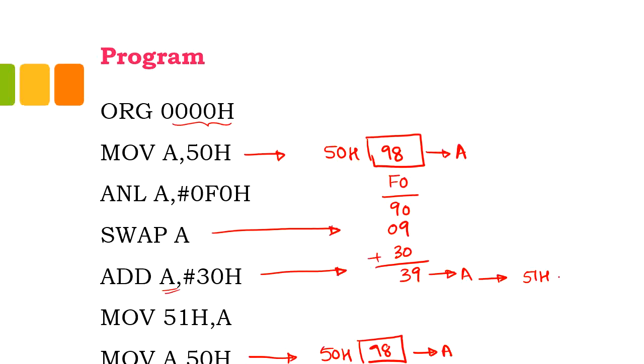Because this is already in the form of a lower nibble, all you need to do is add 30. This will be 38, which will be stored in the accumulator. But our intention is to store it in the location 52H. That is why you need to execute MOV 52H, A, and then finally terminate the code. Clear?